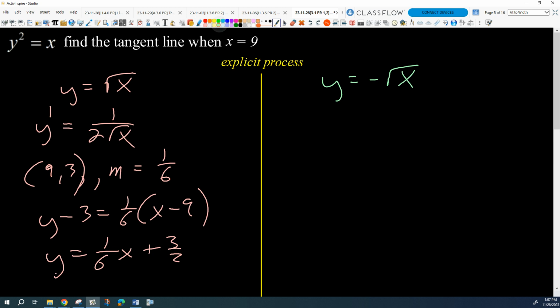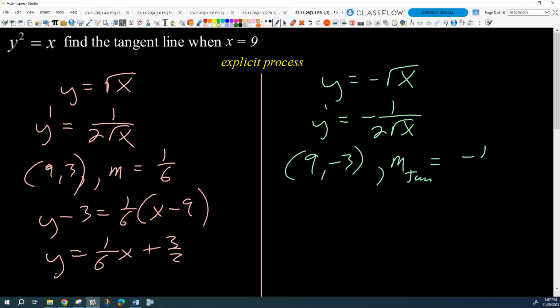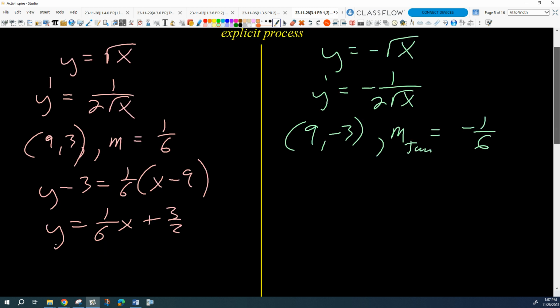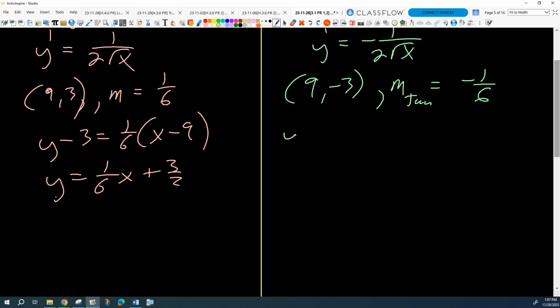Same process over here. We said y prime equals negative 1 over 2 times the square root of x. So we get the point 9, negative 3. Slope of the tangent line is equal to negative 1/6. And if we plug all that stuff in, we get y minus negative 3, which is y plus 3, equals negative 1/6 times x minus 9.